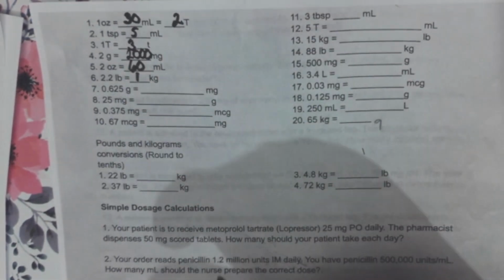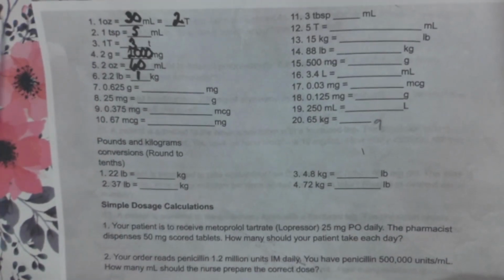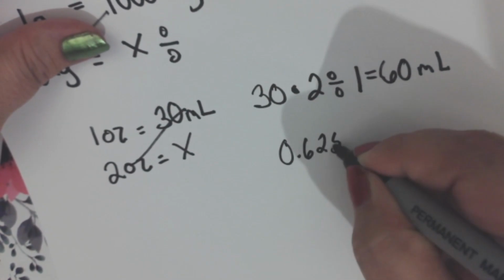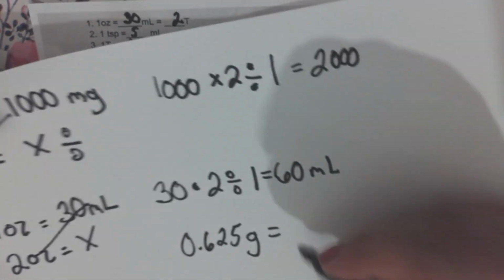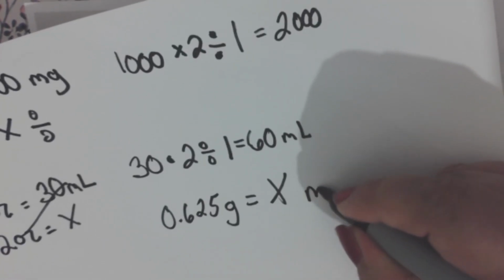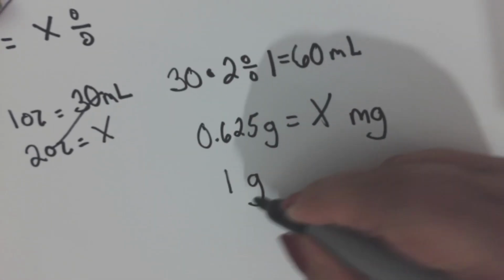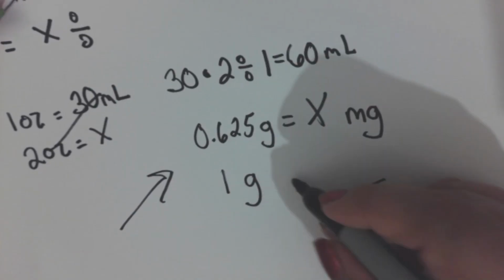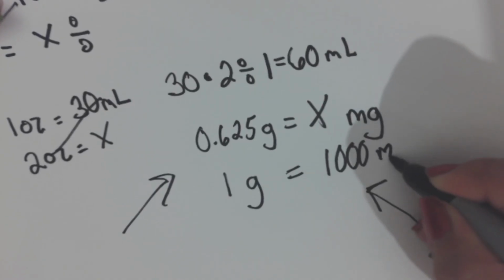2.2 pounds is 1 kilogram. Okay, 0.625 grams. All right, let's set it up. 0.625 grams equals X mg. And we know that 1 gram, see, apples, oranges. We know that 1 gram equals 1,000 milligrams.